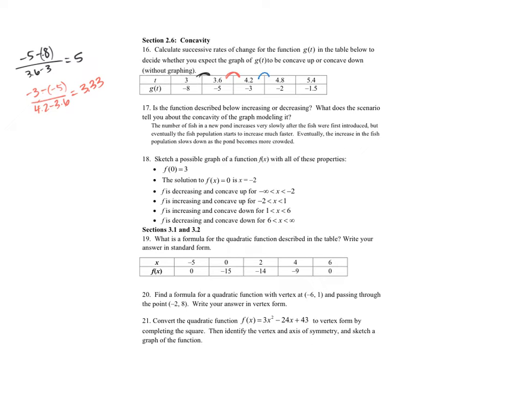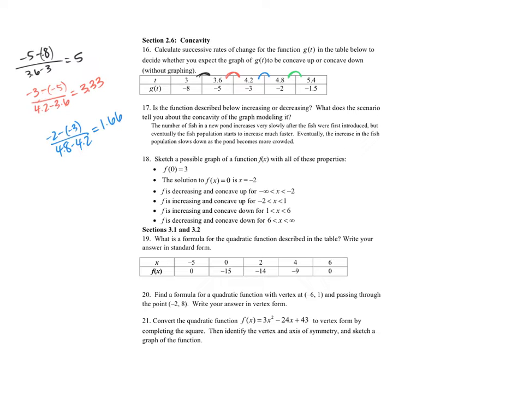And then for this one, I'll do -2 minus -3 over 4.8 minus 4.2. And so for that, I'll get 1.66.